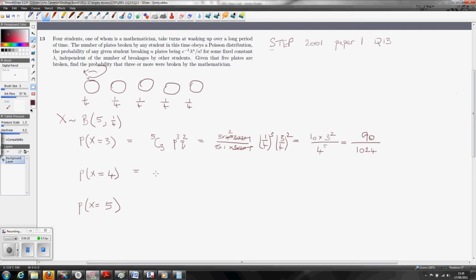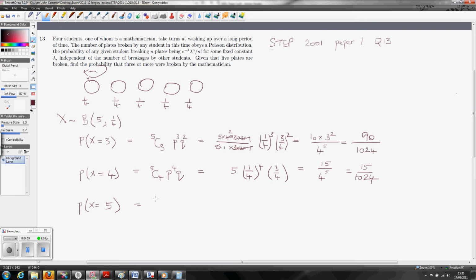Okay, so let's work out the others here. Probability that the mathematician breaks 4 of them is 5c4 p to the 4 times q, which is equal to just 5 for 5c4, 1 over 4 to the power 4, 3 over 4. This one's a little easier, so we end up with on the numerator 15 over 4 to the power 5, which is equal to 15 over 1024.